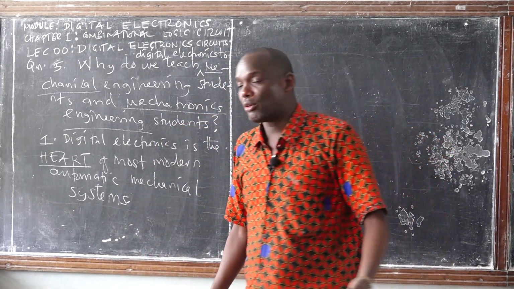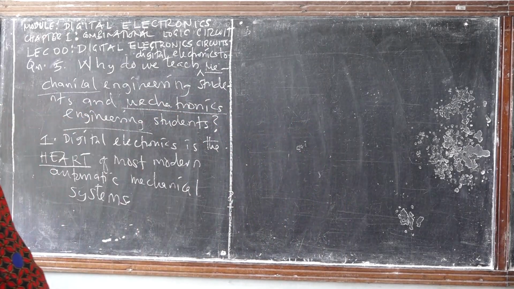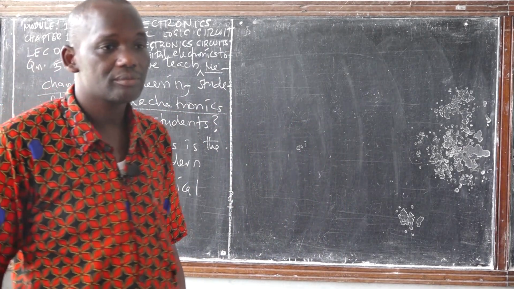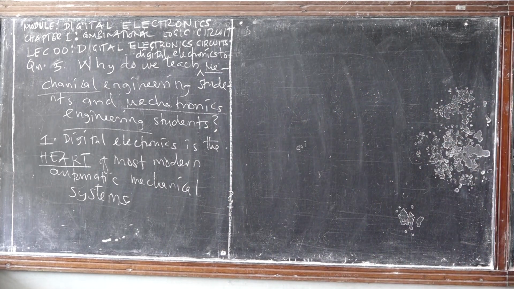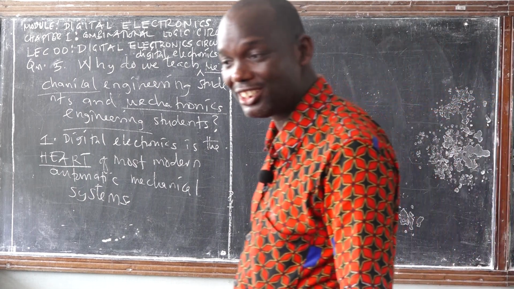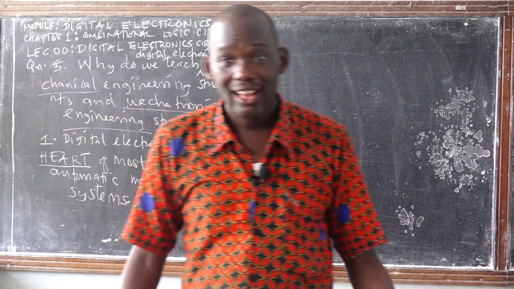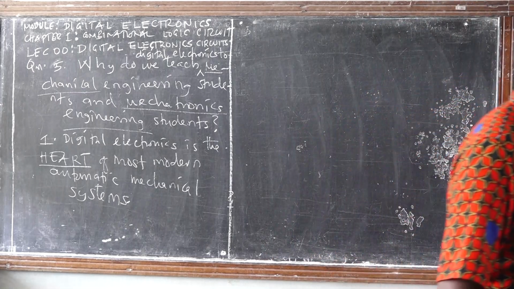So we have the classical mechanical system. Can you give me a simple classical mechanical system? Do you know trains? We call them garimoshi. Those are the classical trains. Nowadays, we are talking about electricity. How do you call garimoshi in English?